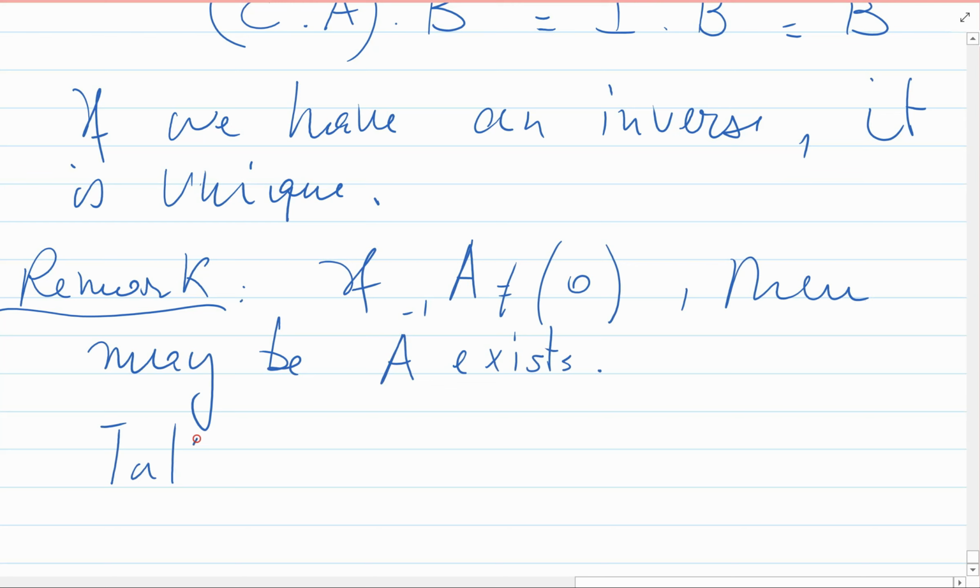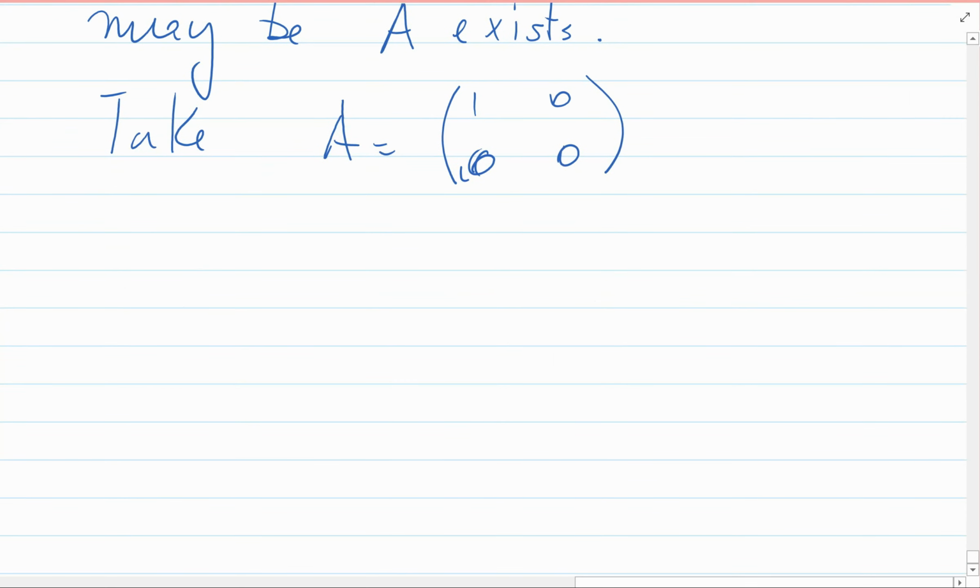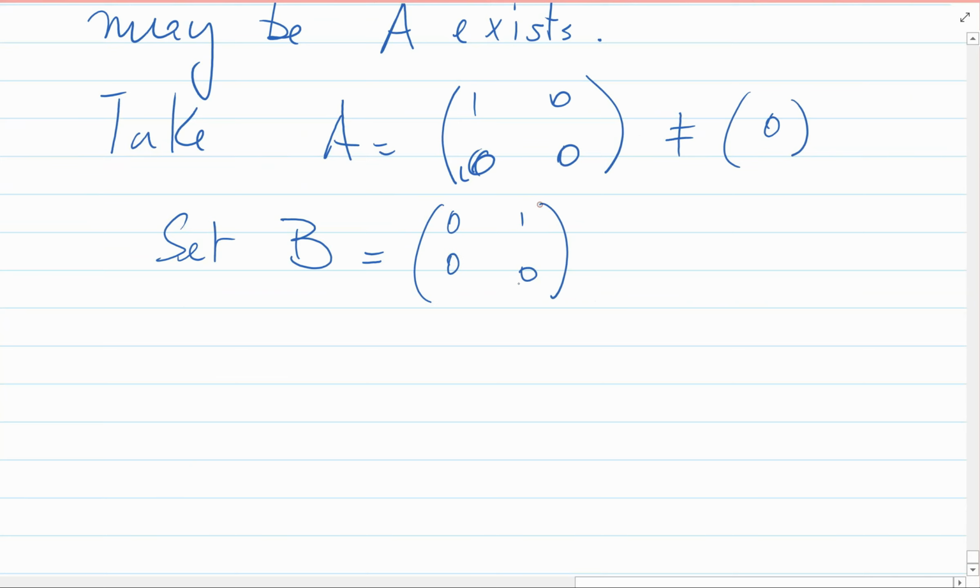Take A to be 1, 0, 0, 0. So A is not equal to 0. Set B equal to 0, 0, 1, 0.